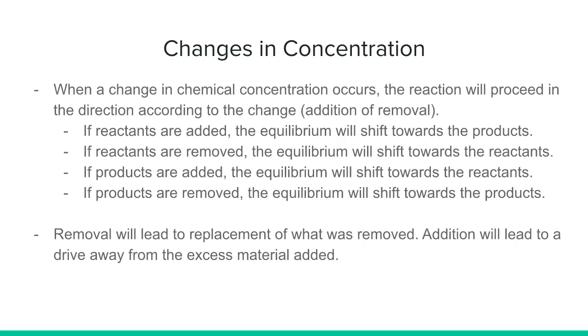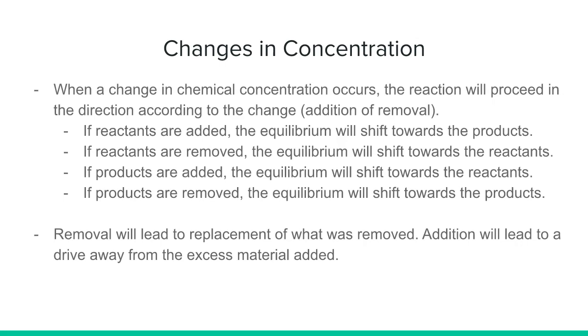All right, if the reactants are removed, the opposite. The equilibrium will shift towards the reactants because now I'm taking away some amount of material, and the equilibrium wants that material back if I'm decreasing that concentration in order to reestablish the Kc value. Okay? If products are added, equilibrium will shift towards the reactants.